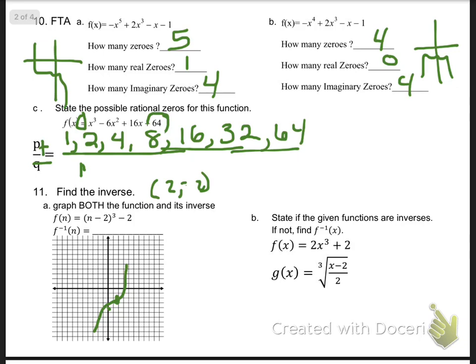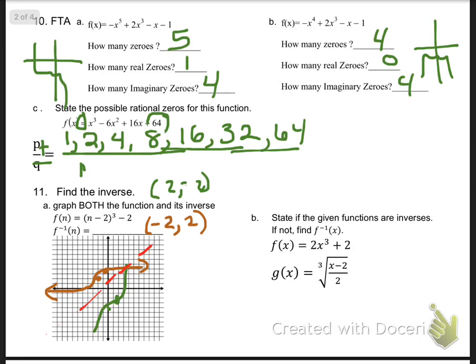All right, so now I'm going to do the inverse in a different color. And so the inverse is going to be a cube root, and the vertex just switches places. So negative 2, 2, up 1, over 1, and so it's going to be like that. Okay, and they should be symmetric about the line y equals x.